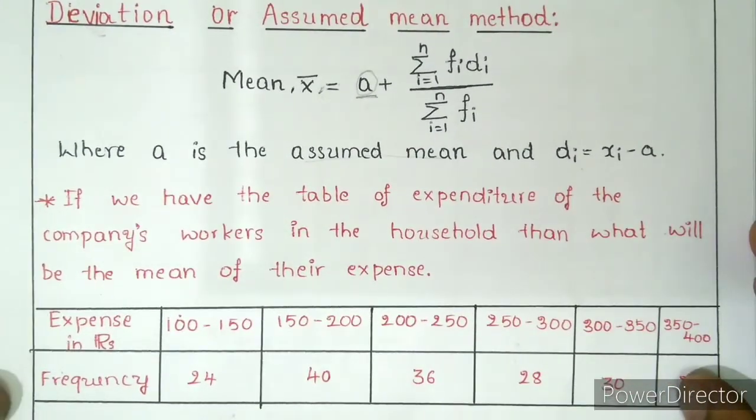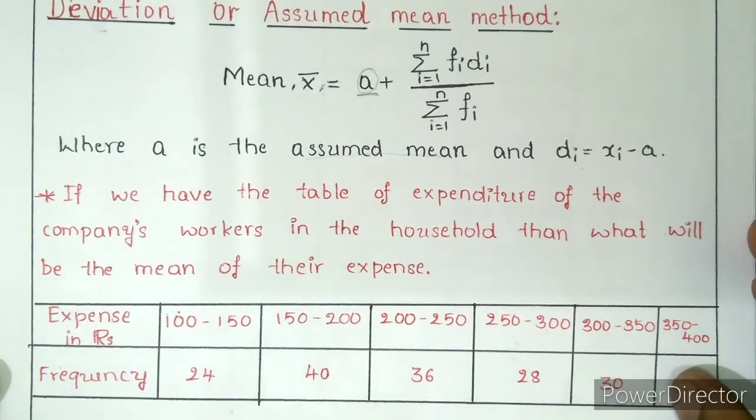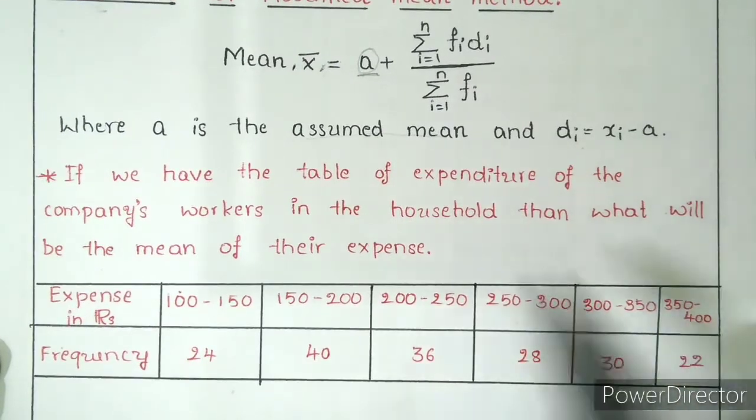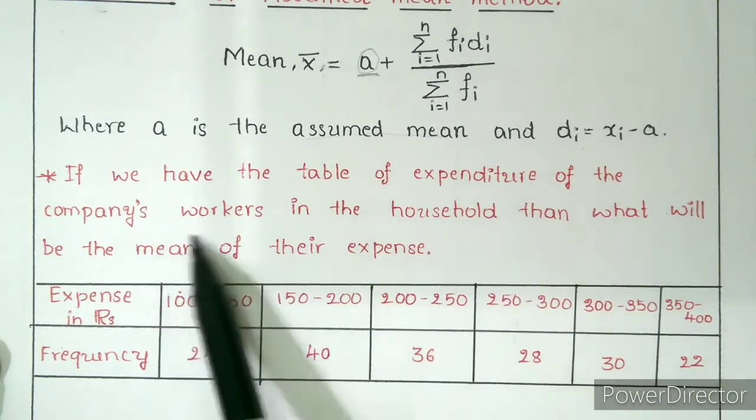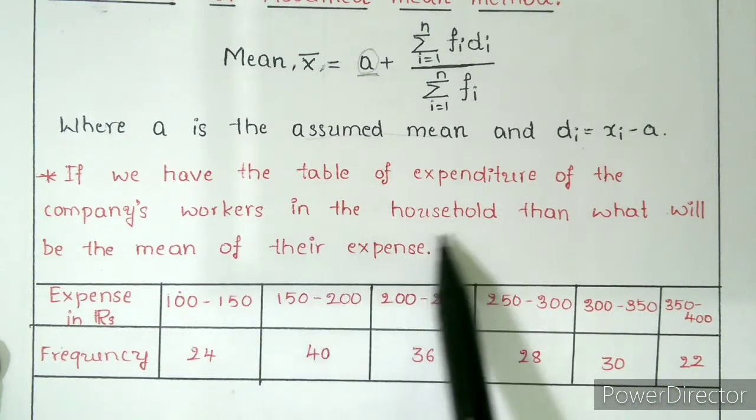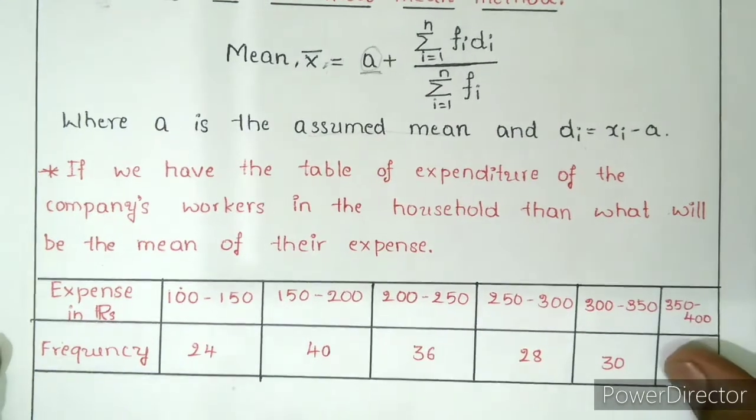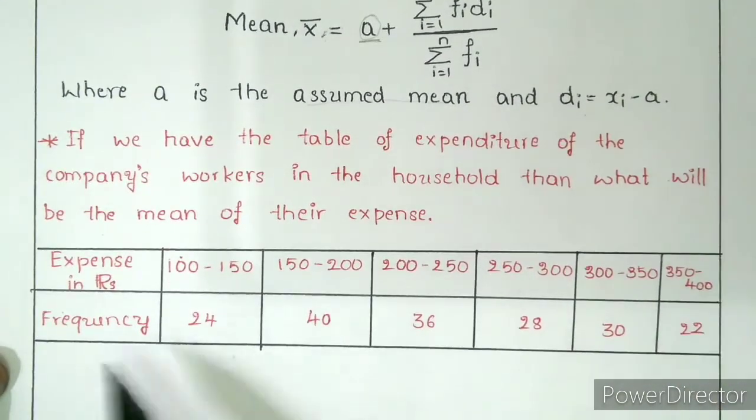Suppose we have the table of expenditure of a company's workers in the household, then what will be the mean of their expenses?